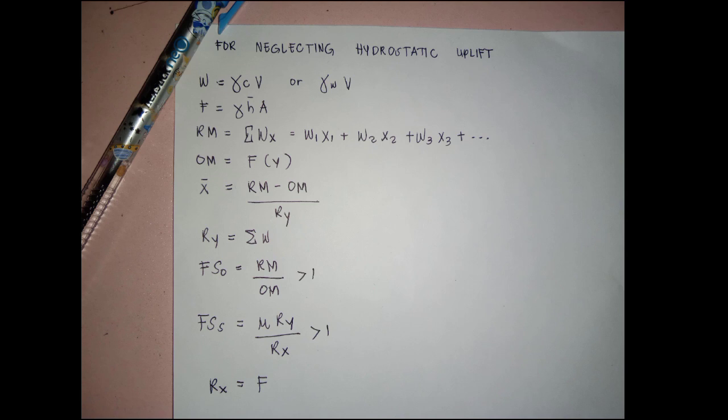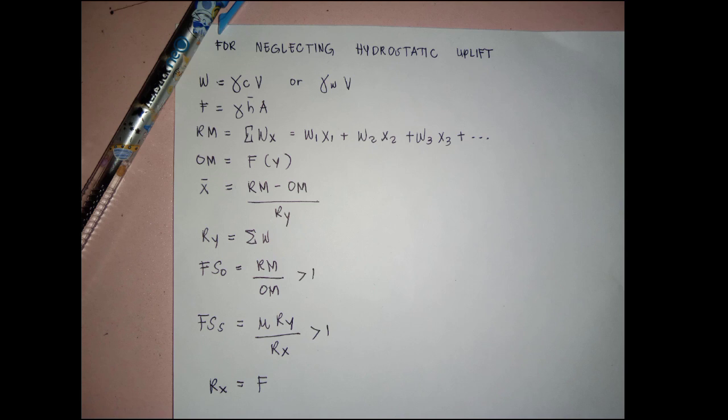For force, the formula is unit weight times h bar times area. The resisting moment is the summation of weight times x, or weight 1 times x1 plus weight 2 times x2 plus weight 3 times x3 and so on. The overturning moment is just force times distance.